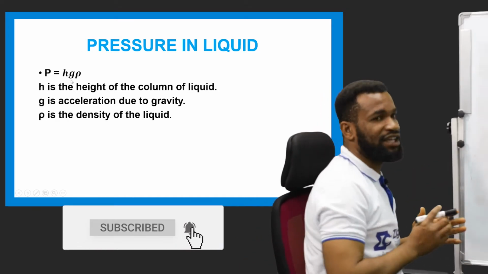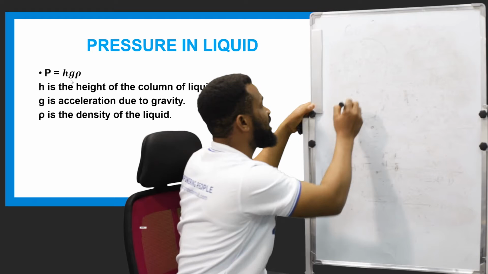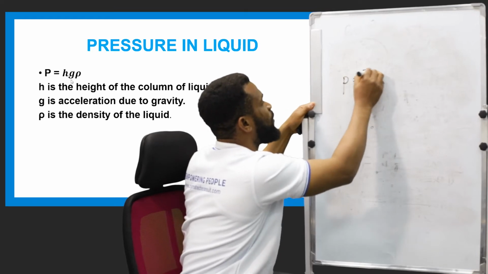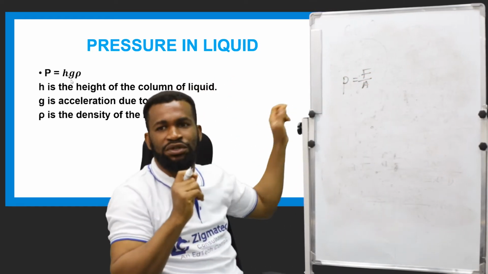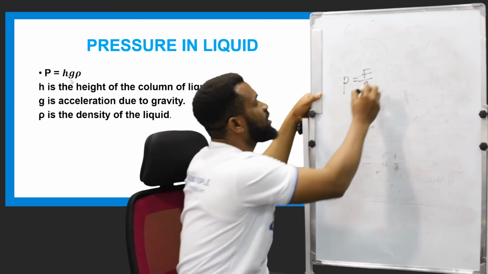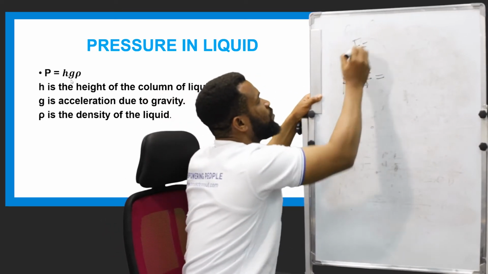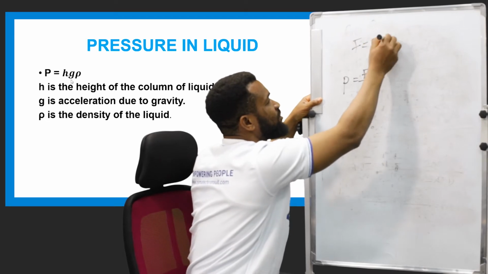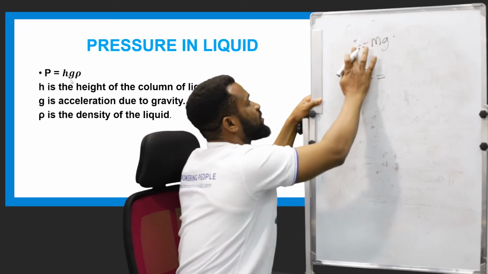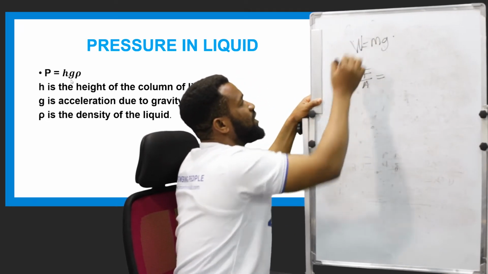Remember that generally pressure is given as force per unit area. Now, the force which acts downward is given as mass times acceleration due to gravity, and that force can be regarded as the weight.